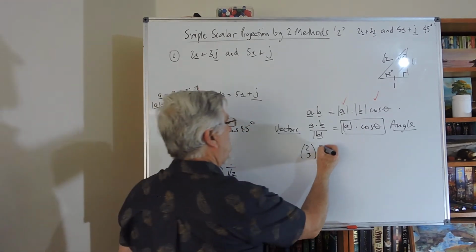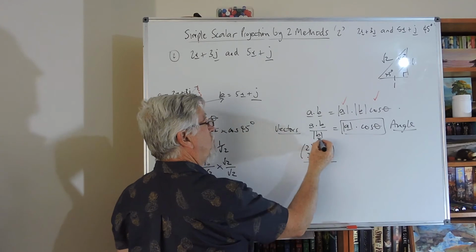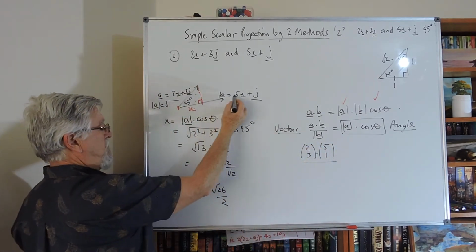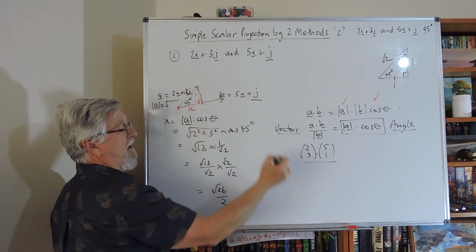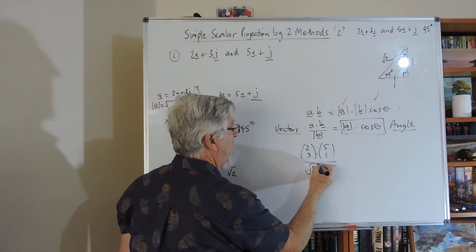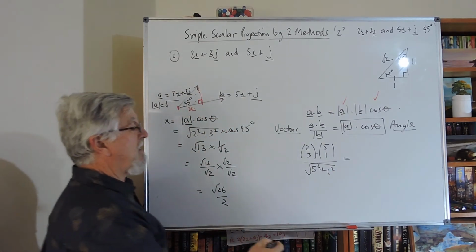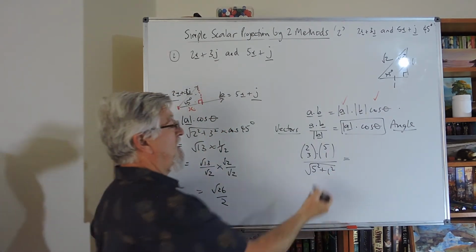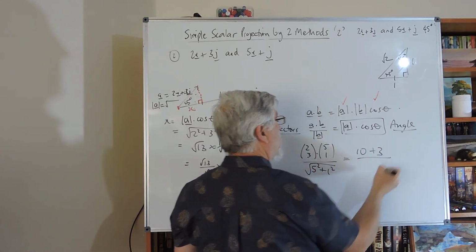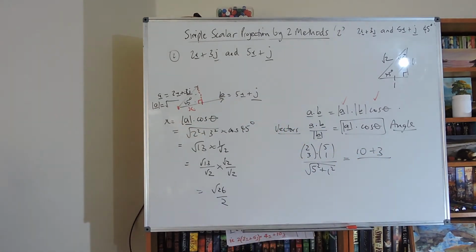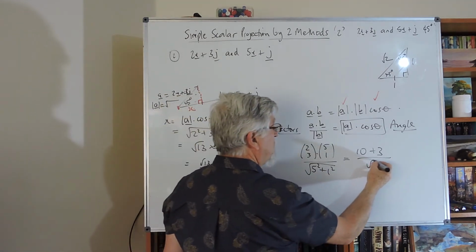This one's 5, 1, so I can go by 5, 1, dot product, and I divide it by the magnitude of B. Now the magnitude of B is Pythagoras' theorem for 5 squared and 1 squared. Dot products, I'm not going to go through in full. 2 times 5 is 10, 3 times 1 is 3. You can watch other videos on that, I might have some. And then down the bottom you've got 25 plus 1, which is root 26.